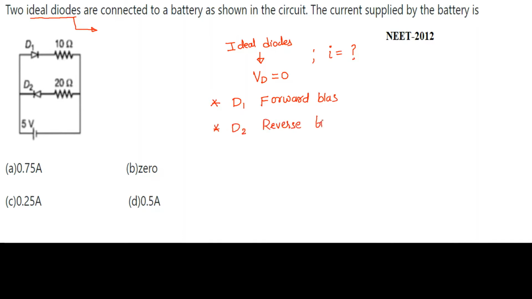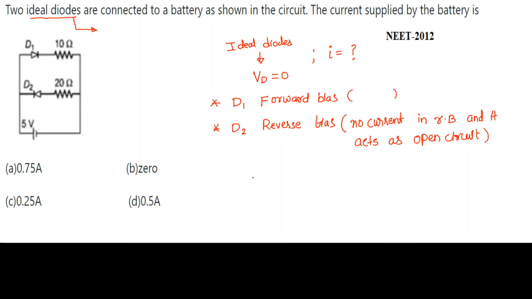And we know that no current flows in reverse bias, and it acts as an open circuit. So current will only be flowing through the forward bias diode.